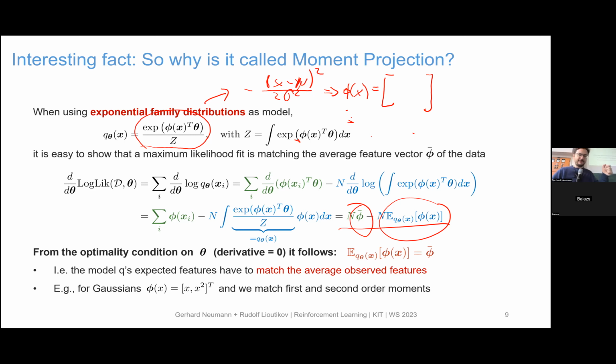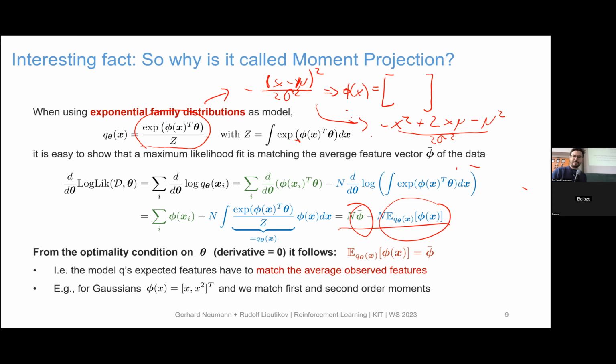So what you would get is, you would compute the square in the bracket: minus x squared plus 2x mu minus mu squared, divided by 2 sigma squared. So that's what you would get out.